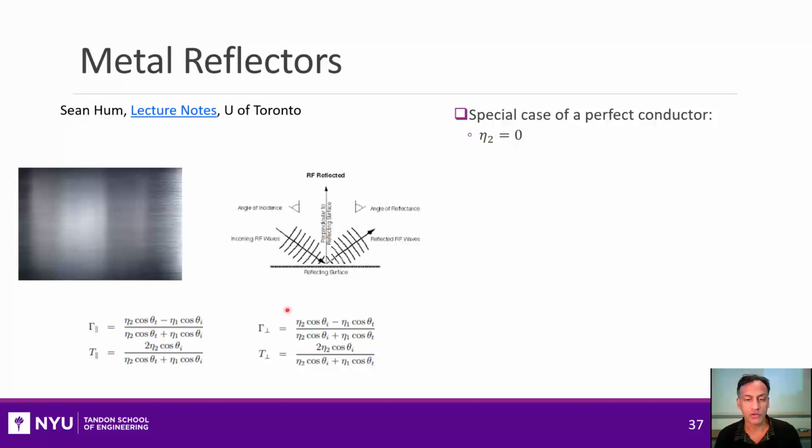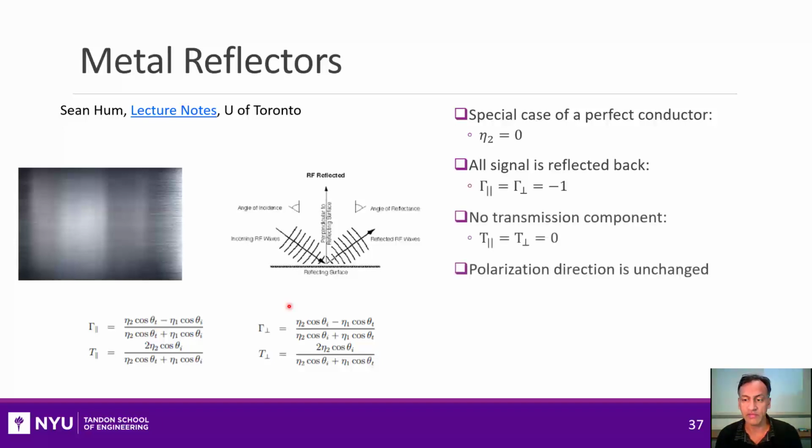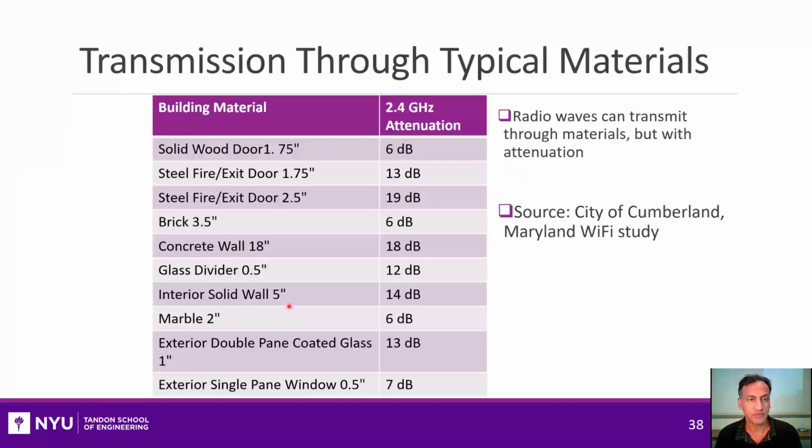So if you just substitute that into the formulas that I had shown, you'll get that all the signal is reflected back. So it's really a perfect reflector, and there's no transmission component. The other aspect of this is that since all the signal is reflected back, the polarization is always maintained on the reflected component.